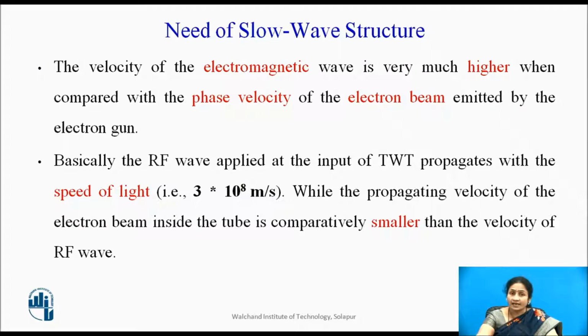Basically, the RF field applied at the input of the TWT travels with the speed of 3 × 10⁸, that is, the speed of light, while the propagating velocity of the electron beam inside the tube is comparatively smaller than the velocity of the RF. Therefore, there is no matching between the speed of the RF field and the speed of the electron beam.